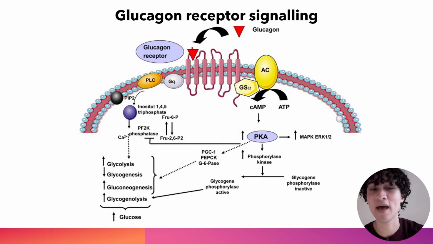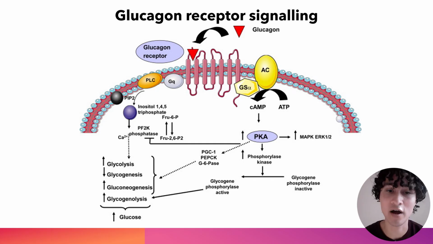So when GTP is bound to that alpha subunit, it will dissociate, and instead of activating adenylyl cyclase, it will activate phospholipase C. Phospholipase C is a really important enzyme in hydrolyzing phosphatidylinositol 4,5-bisphosphate, that phospholipid that's abundant in your cell membranes in close proximity to these receptors.